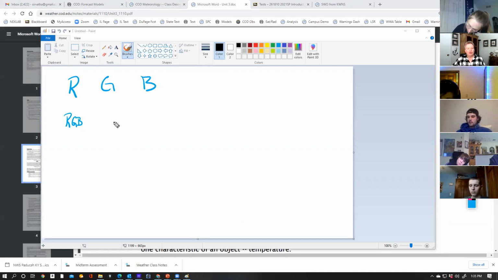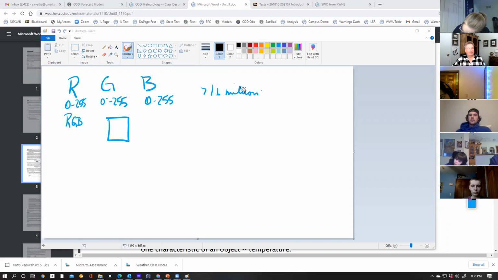And in your computer, each pixel is colored from 0 to 255 of red, 0 to 255 of green, and 0 to 255 of blue. And given those three combinations, there's more than 16 million colors that you can generate with the computer.